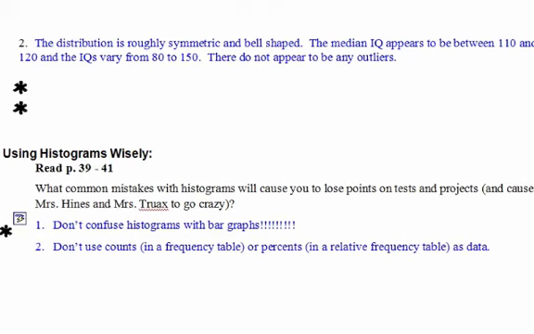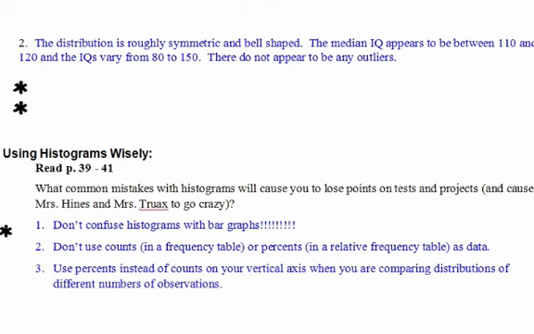The second thing, don't use counts in the frequency table or percents in the relative frequency table as your data. Your data is your data. Use percents instead of counts on your vertical axis when you are comparing distributions of different numbers of observations.